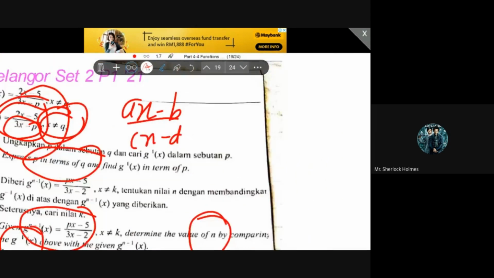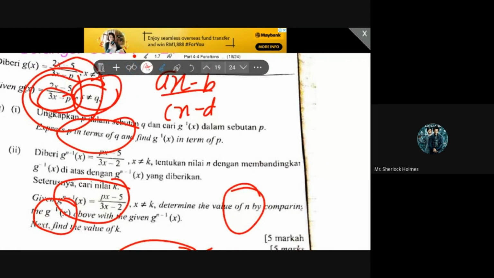They say comparing, comparing G inverse x and G n minus 1 x. So what you must do to these two equations? Siapa ada jawapan boleh share.